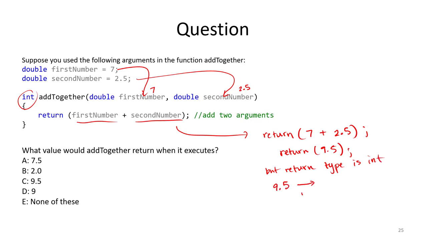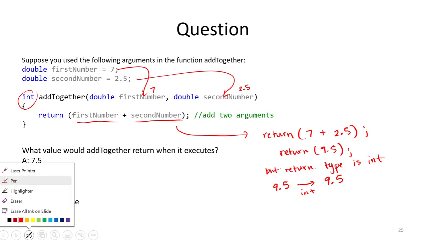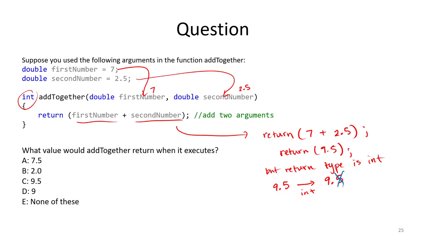What happens if we try to store the value 9.5 in an int? We're going to lose the decimals, right? This is going to create that truncation error. So in fact, the value that is returned is 9.